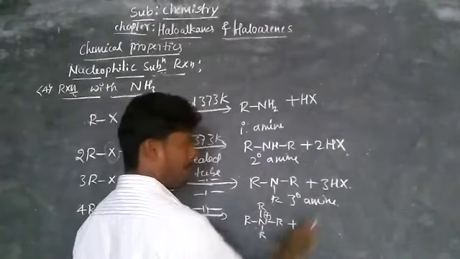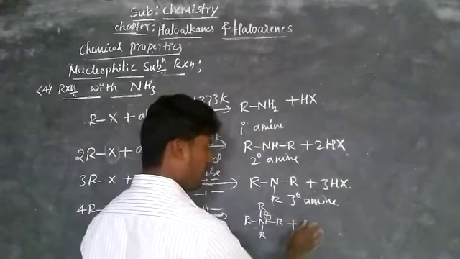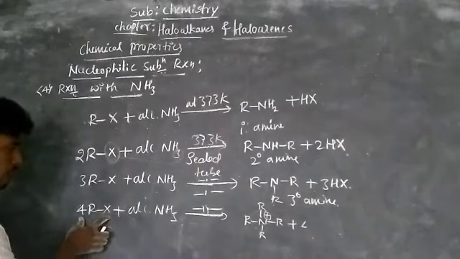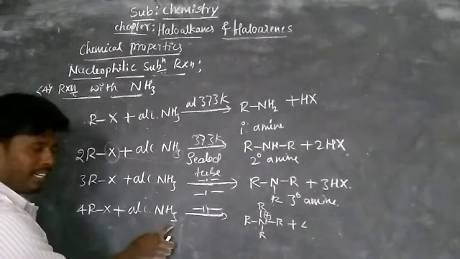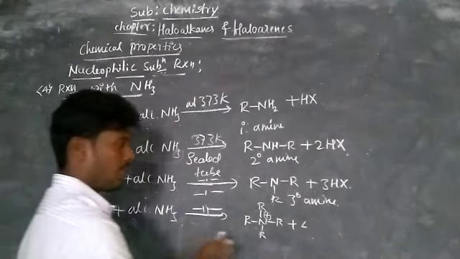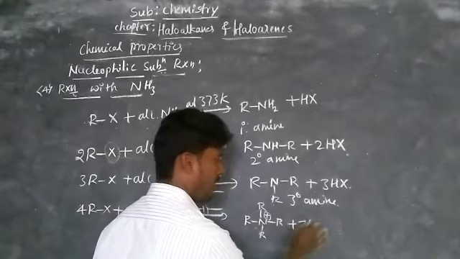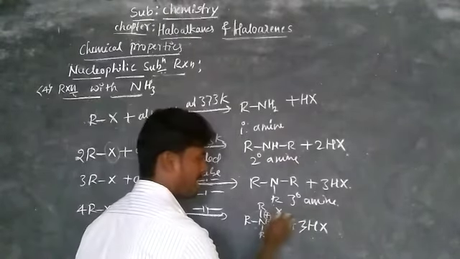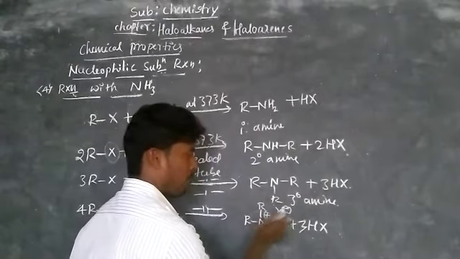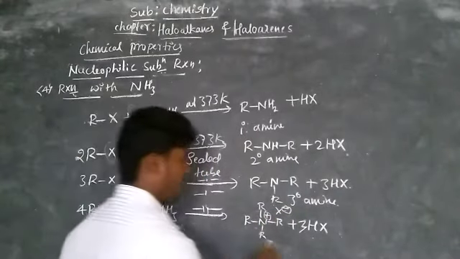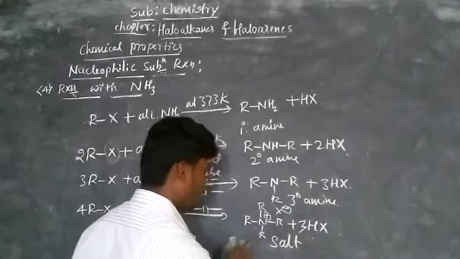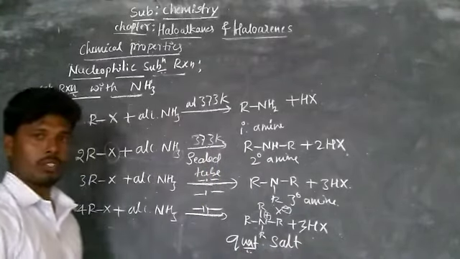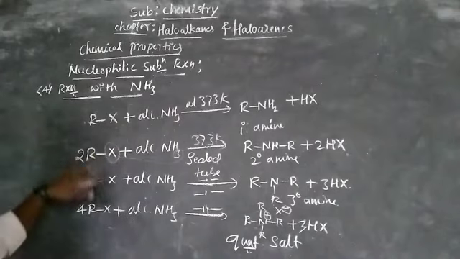Plus you get 3 HX. Observe how many halogens there are: 4 halogens. But how many hydrogens are there? 3 hydrogens only. Therefore you get 3 HX only. And the next halogen becomes X minus. There is one positive charge and one negative charge, so you get a salt, that is a quaternary salt. Okay, these are the reactions with ammonia.